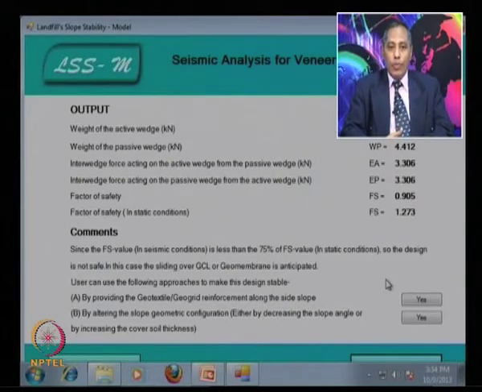So, you can use the following approach to make this design stable. A, by providing geotextile or geogrid reinforcement at the side slope, and B, by altering the slope geometry or configuration, either by decreasing the slope angle or increasing the cover soil.